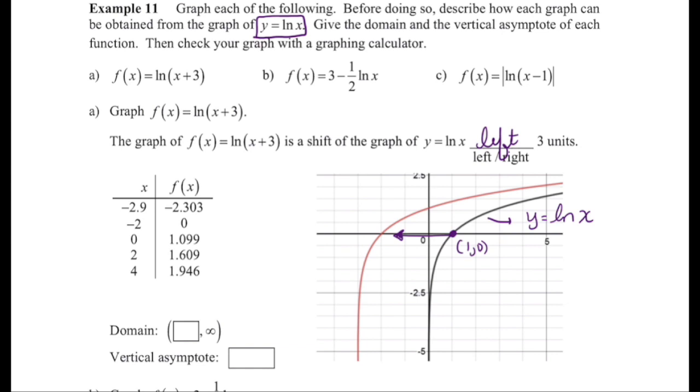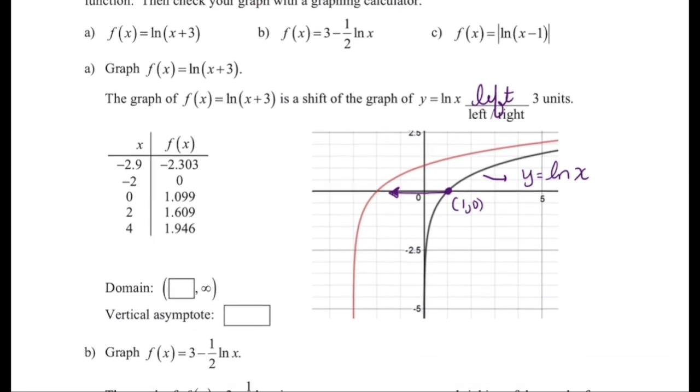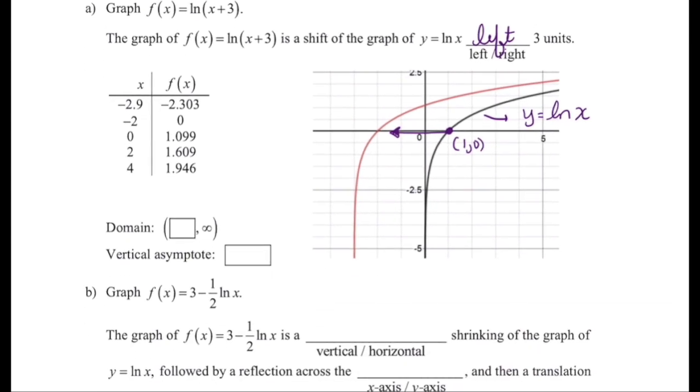Our domain now, because of this shift, changes from 0 to infinity to -3 to infinity. And we now have a vertical asymptote at x equals -3 because that shifted left 3 units with our graph.